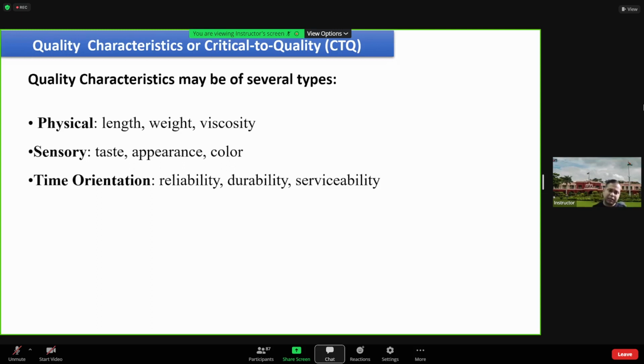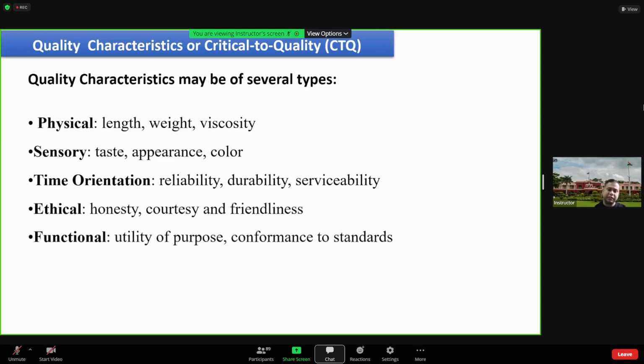And apart from that, functional CTQs can be there. Functional CTQs mean it is conforming to standards, and whatever features or functions we have desired, it is performing according to them. Apart from that, there are ethical CTQs, specifically for the service sector.